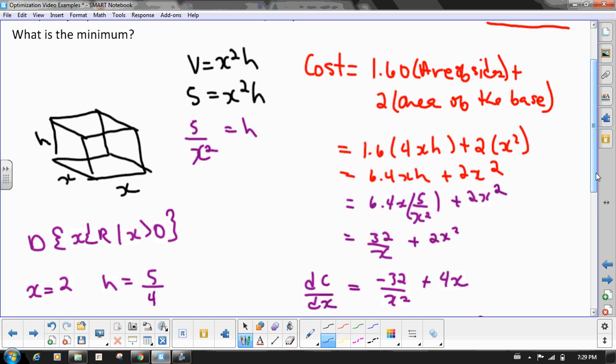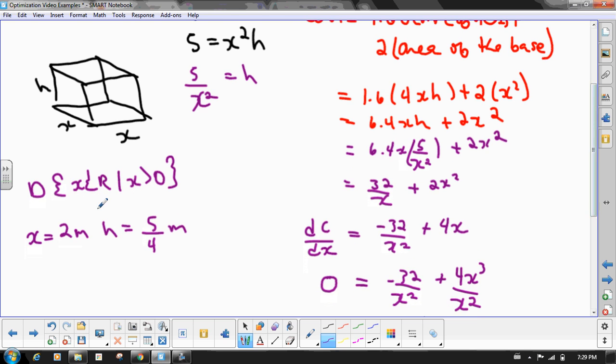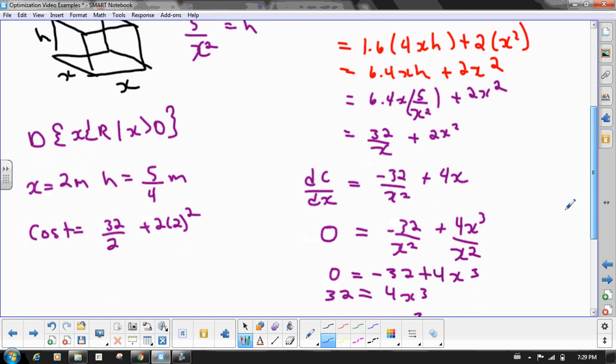I believe that they are in meters. And then I need to calculate the cost. So I'm going to use 32 over 2 plus 2 multiplied by 2 squared. So 32 divided by 2 is 16 plus 8. 16 and 8 is $24.